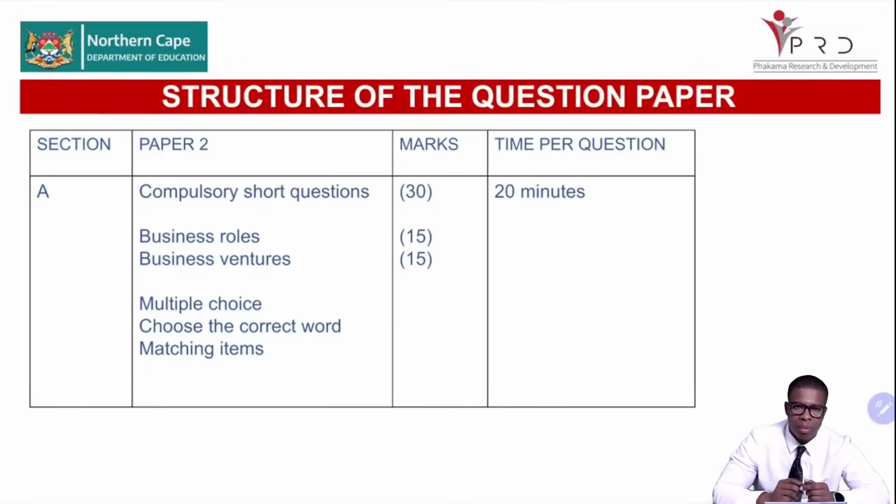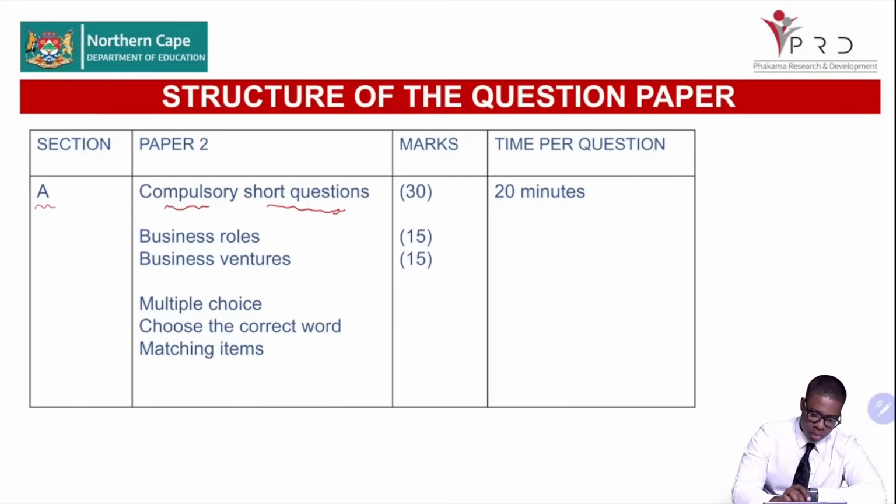With the structure of the paper, the focus is on the understanding that we have 3 sections. We have section A, we have section B, and we have section C. Now, section A consists of compulsory short questions, making it compulsory for you to answer everything in your section A. You have business rules and business ventures as main topics of paper 2, and these 2 main topics are assessed equally so.